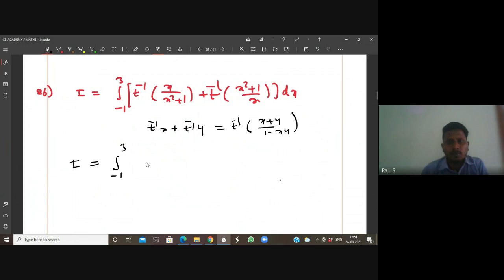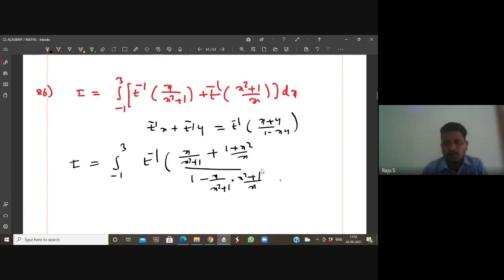Apply this property: tan inverse of x by x square plus 1 plus x square plus 1 by x, by 1 minus x by x square plus 1 into x square plus 1 by x. It gets cancelled. What is the denominator? Tan inverse of, anyone? Minus 1 to 3.